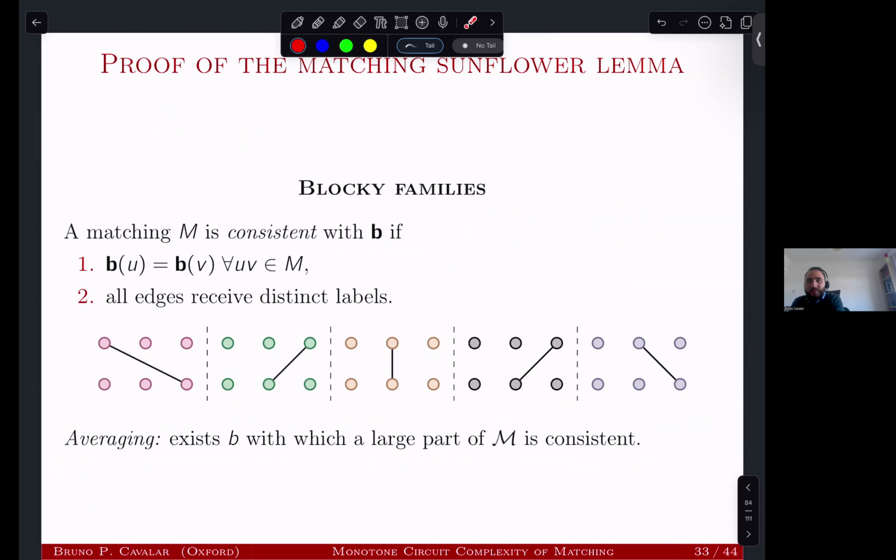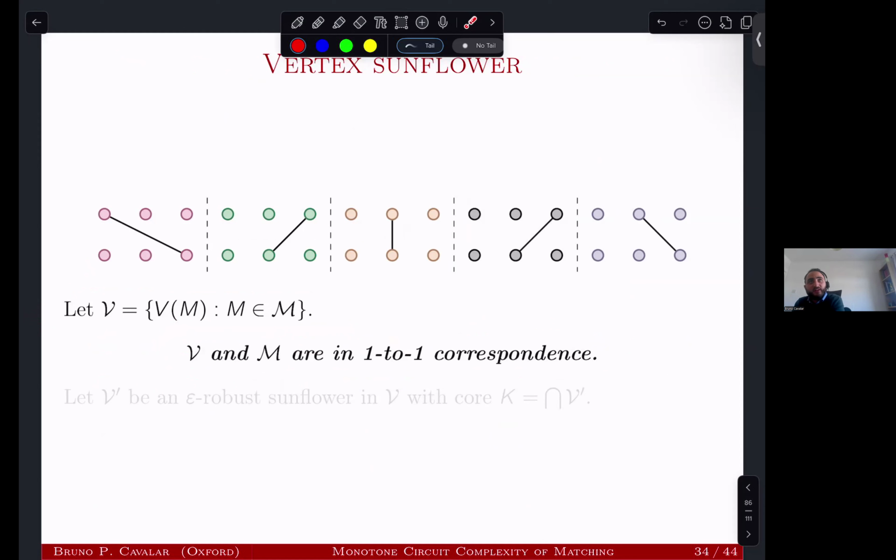So we do like we did in the naive argument, and we take the set of vertices of the matchings. What is interesting is that the vertices and the matchings are now in one-to-one correspondence, because, as I said before, every edge is in precisely one block.